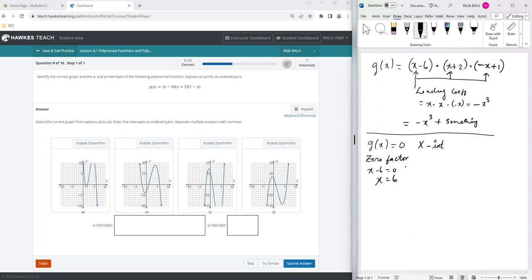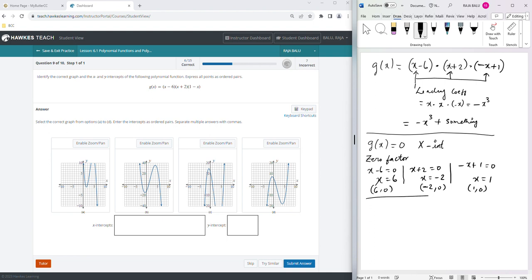Then x plus 2 equal to 0, I get x equal to negative 2. And then negative x plus 1 equal to 0, so after a little bit of calculation, you get x equal to 1. So this would be 6 comma 0 in ordered pairs, negative 2 comma 0, and 1 comma 0.